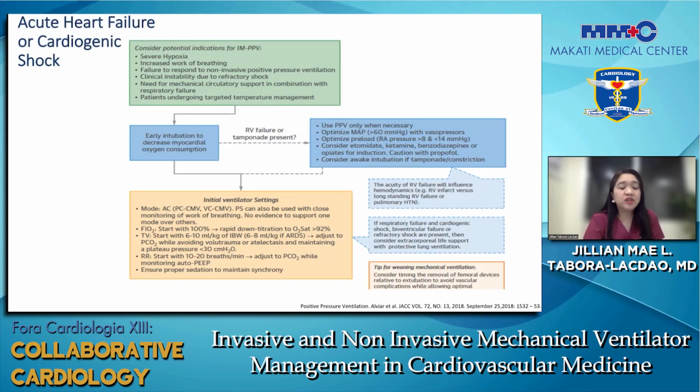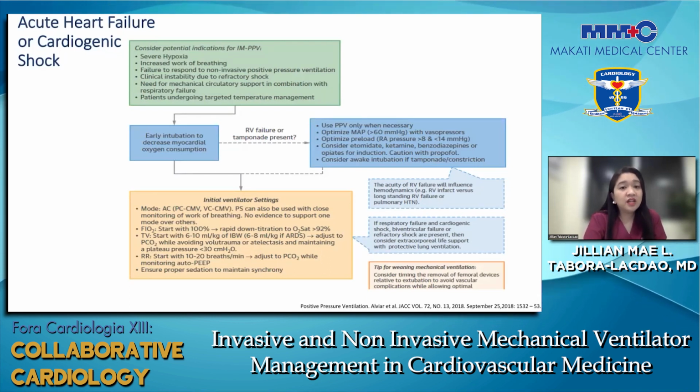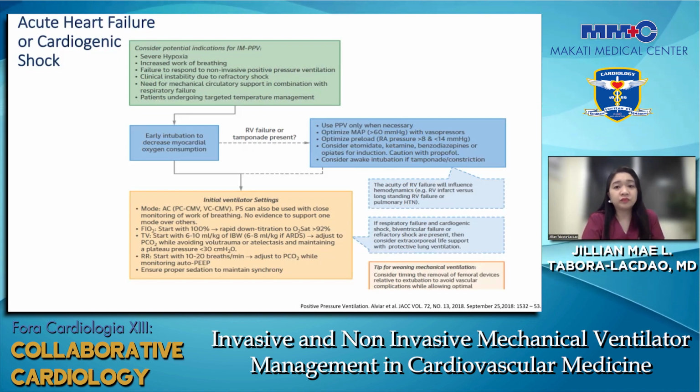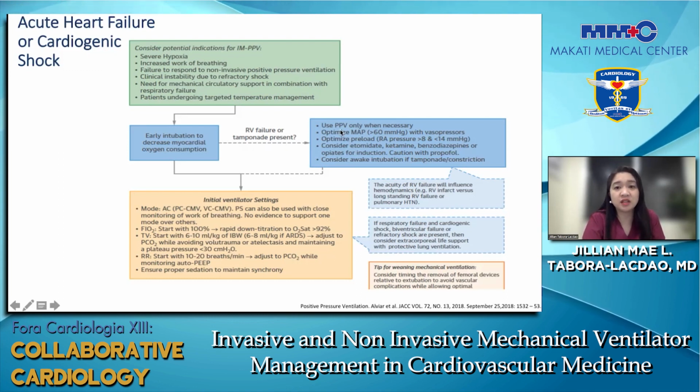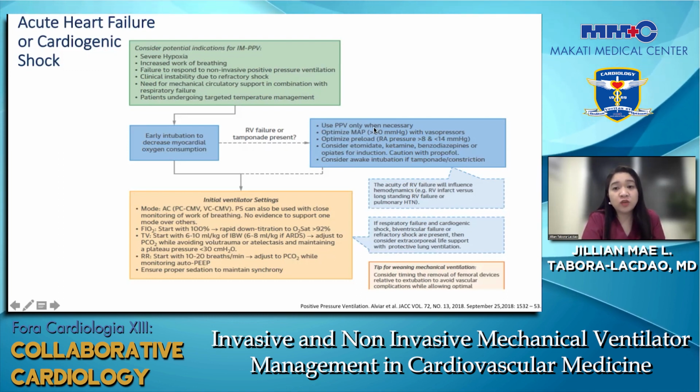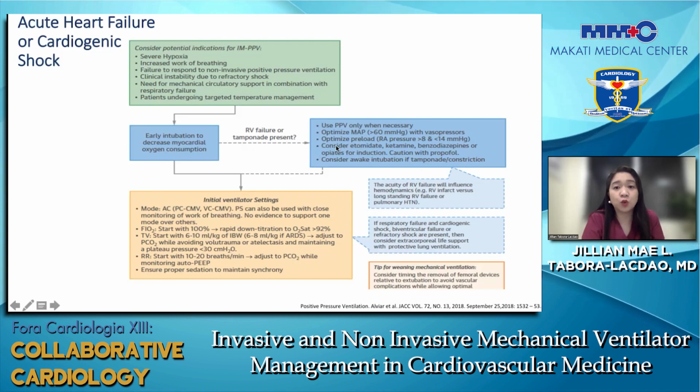So if the patient is really critical and hemodynamically unstable, you intubate. Early intubation to decrease myocardial oxygen consumption. You check also, is there RV failure or is tamponade present? Use PPV only when necessary and optimize the goals.